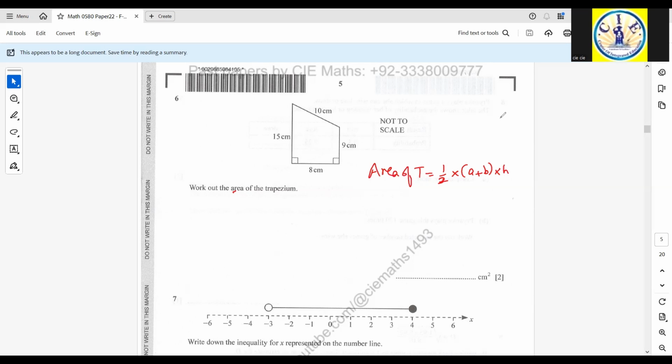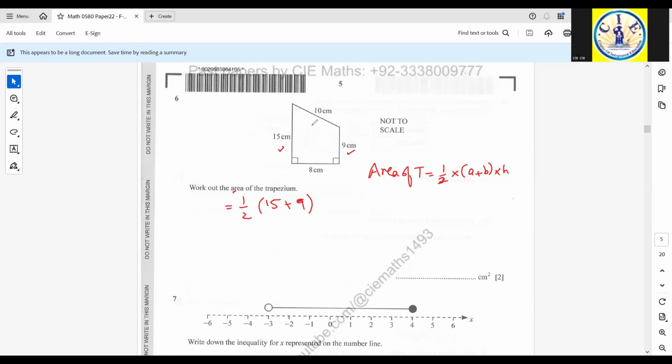That is the perpendicular distance between the parallel sides. Now when I substitute the values, 1 by 2 times, these are the parallel sides, so 15 plus 9, times height. Height stands for the perpendicular distance.